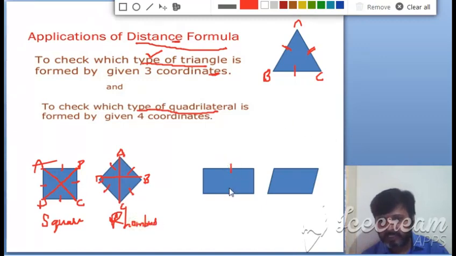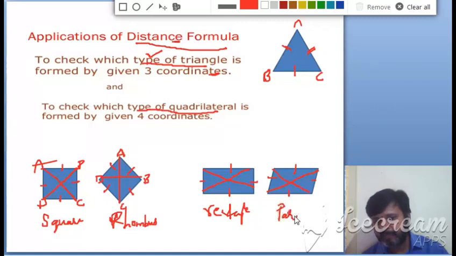Students, if opposite sides of a rectangle are equal and diagonals are also equal, then the quadrilateral is a rectangle. If opposite sides are equal after using the distance formula and diagonals are not equal, then that quadrilateral is a parallelogram.